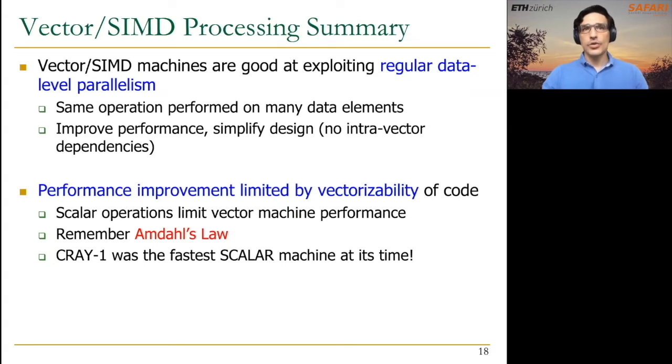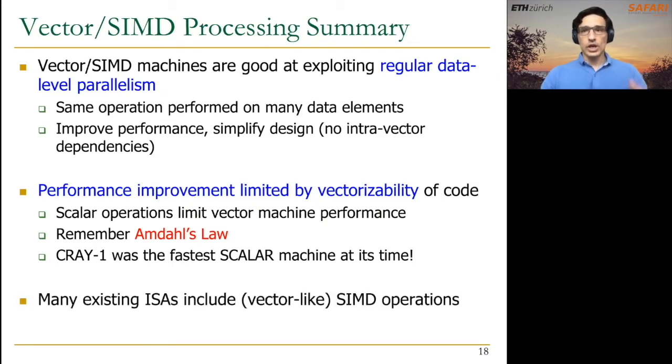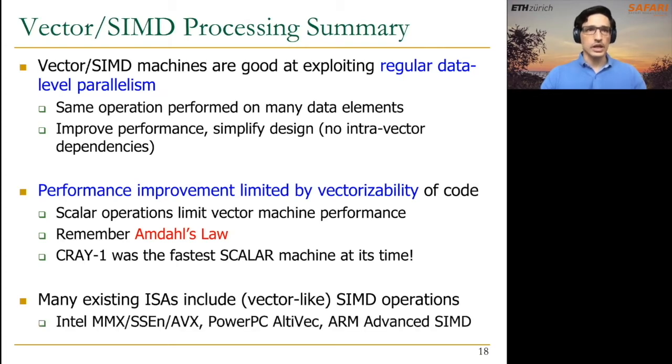That's why Cray-1 was not only the fastest machine, but also the fastest sequential or scalar machine of its time. Today, we still have many SIMD operations in many different systems like Intel, AMD, PowerPC, ARM, etc. We are going to talk about a couple of examples today.